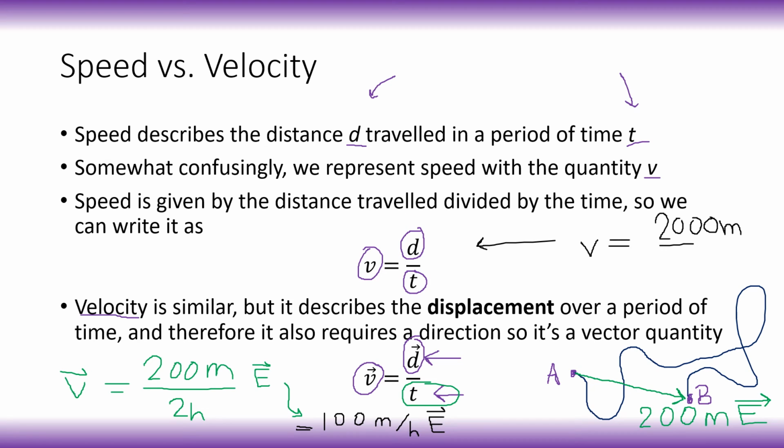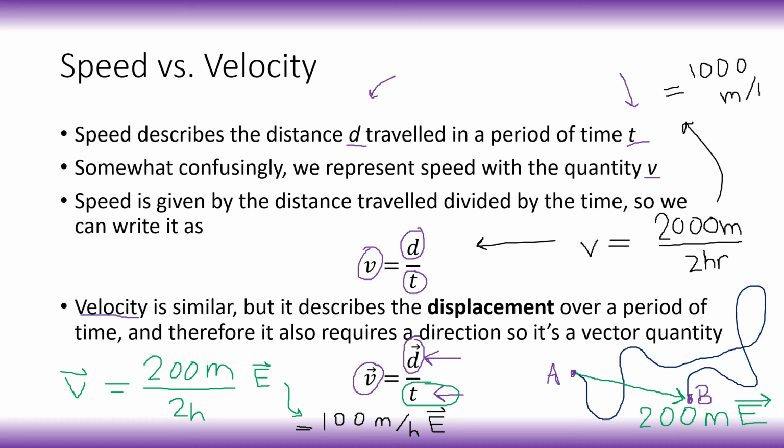And it took you 2 hours, the time is the same, going from the same point A to point B. If you do that calculation, you'll get that you covered 1,000 meters per hour.